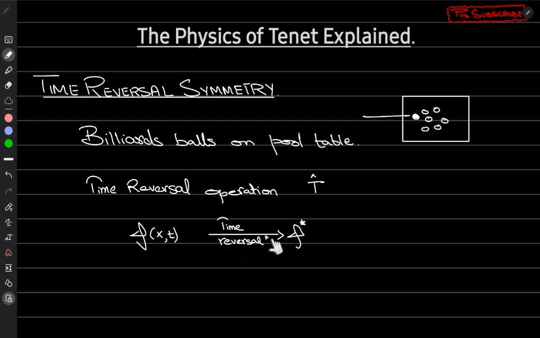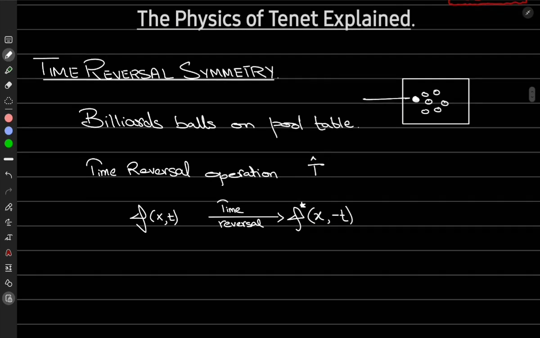And so under time reversal, the wave function is conjugated, and because we're reversing time, the position stays the same, but time is being reversed. So you add a minus sign with the time variable, right? So that tells you that the time reversal operation has happened, right? So again, this asterisk denotes the complex conjugation.